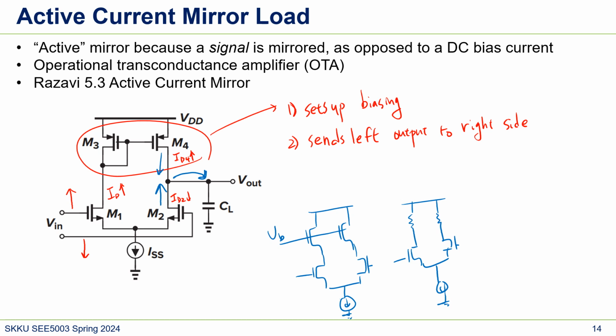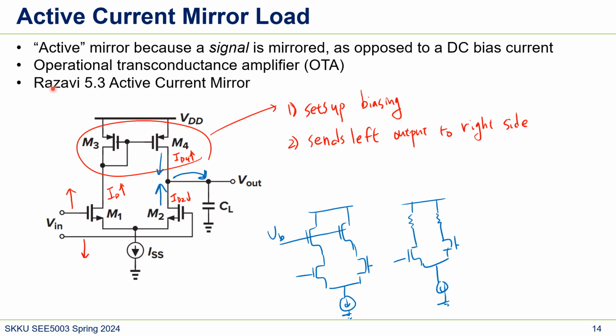Does it make sense? So again, if the voltage here changes, this change flows here and impacts the current flow here, and then this decreasing voltage will also change the current here. So M1 changes the current in M4, and this node changes the M2 current. That's how it sends the left output to the right side, and this is called an operational transconductance amplifier, OTA.